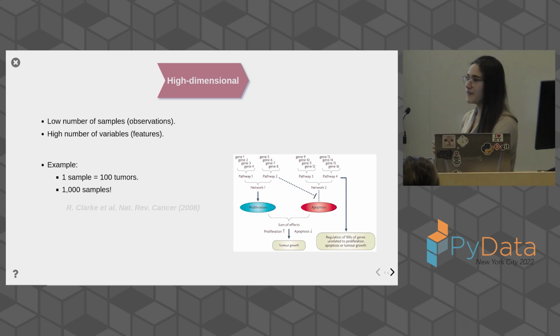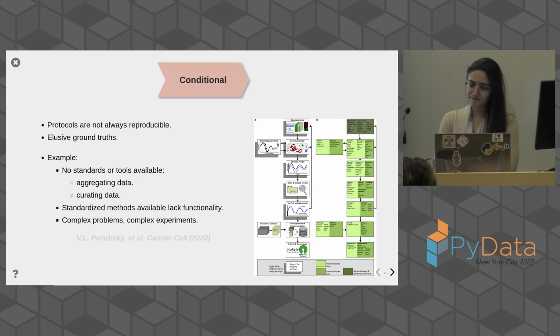And this is only one small part of the publication. Essentially they end up with features in the order of hundreds of thousands, which is really crazy. So in biological data, we are always working with high dimensional data.